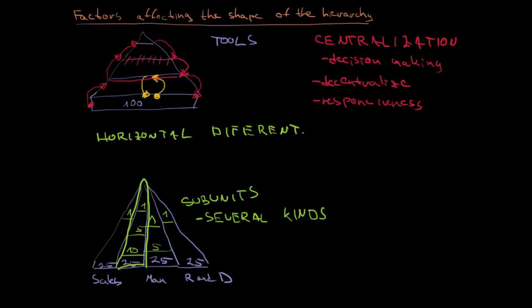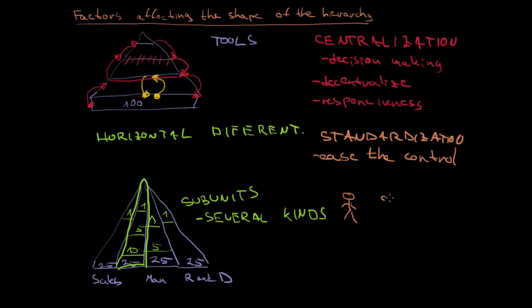And the last idea that is again interesting is standardization. This standardization can really ease the control. And how can it do that? Well, just imagine that you have two employees, one and two.